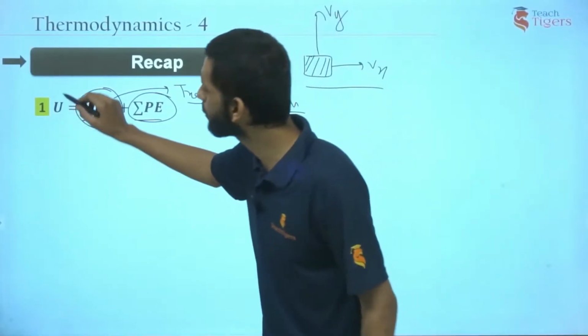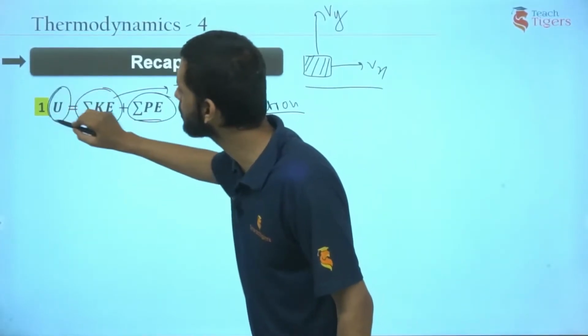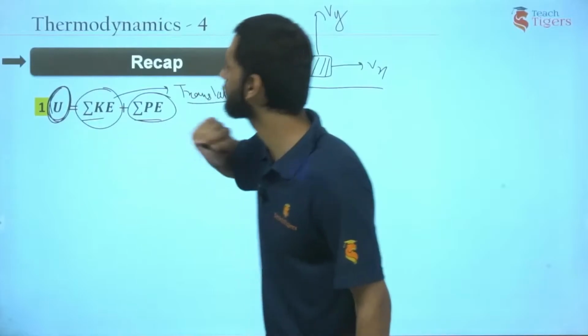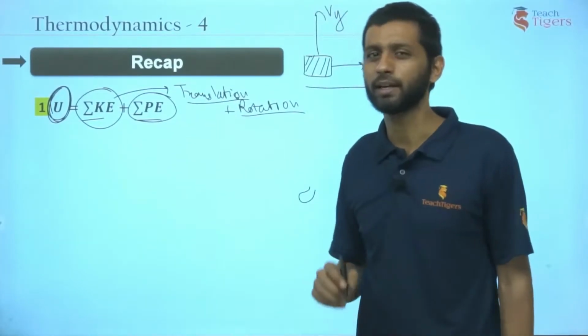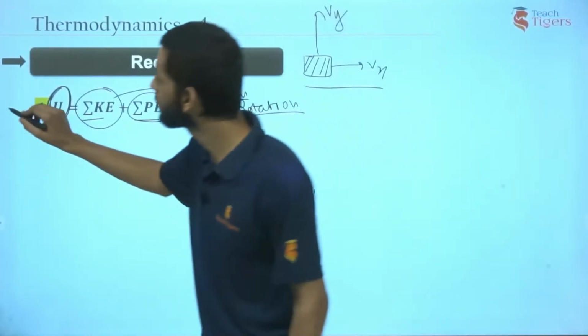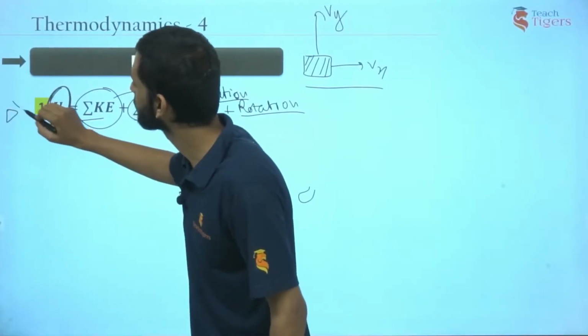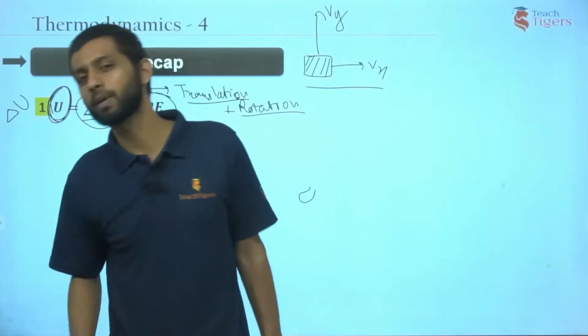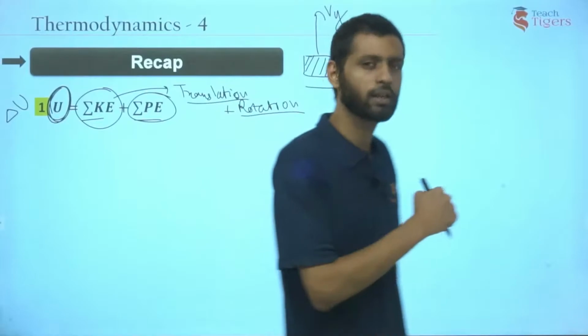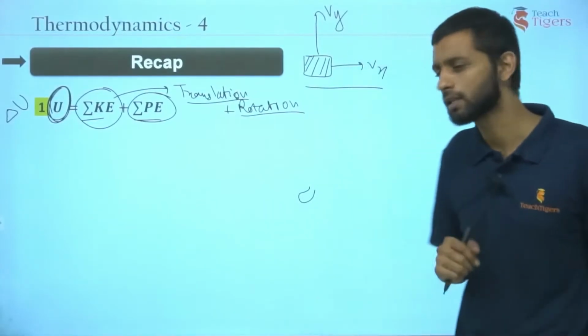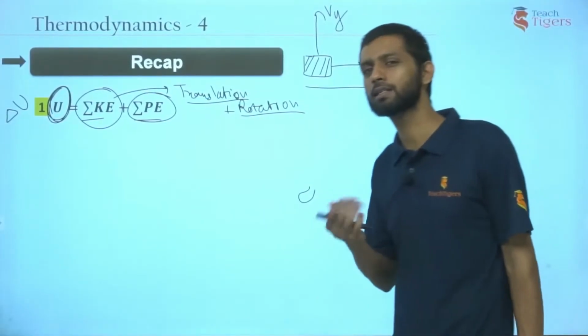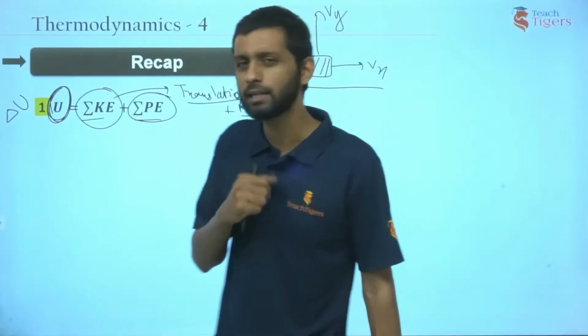It's not our job to define U absolutely, but it's our job to worry about delta U. If I do something to my system, if I move around over here, what exactly changes? If I heat a system, what exactly changes?